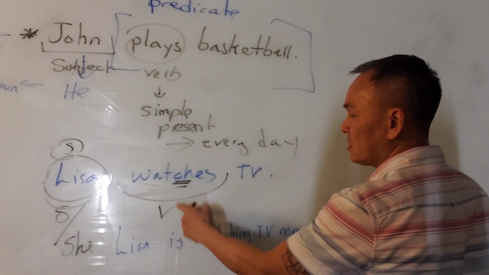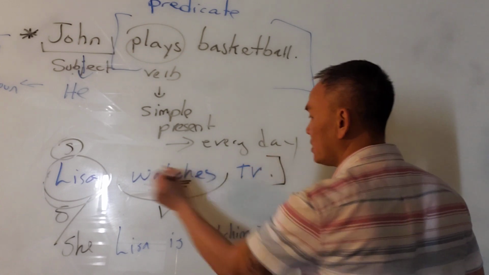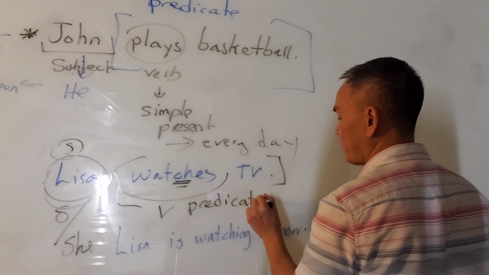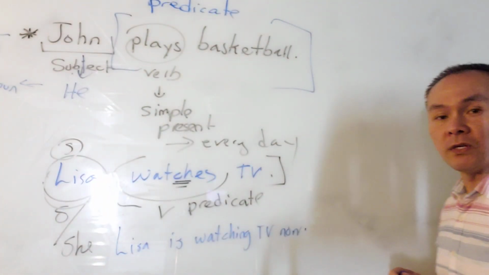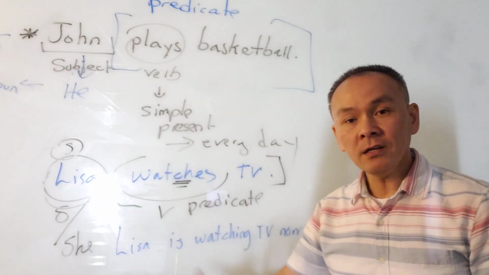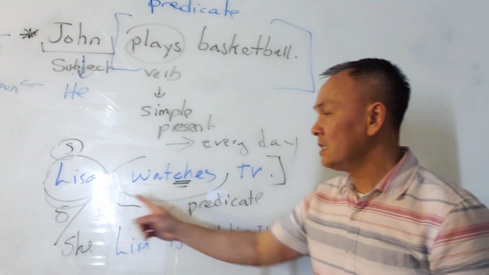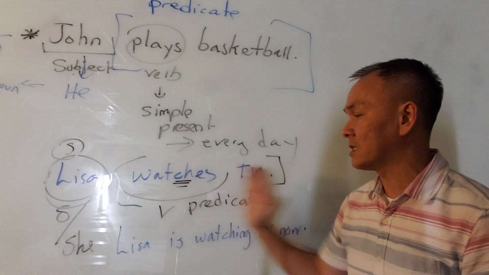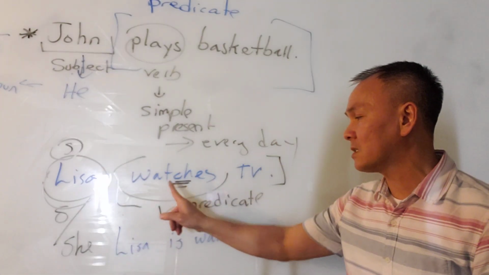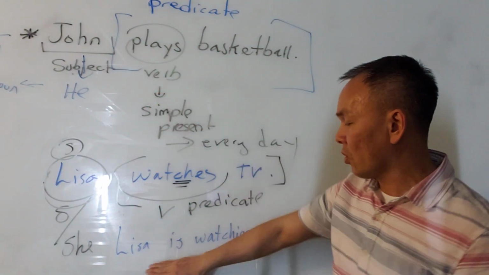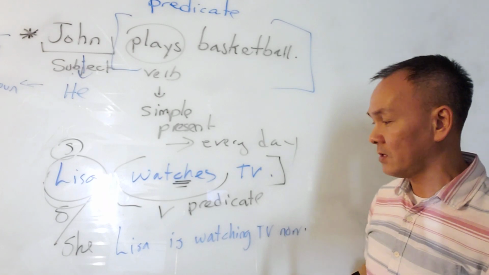What is she doing? She watches TV. So watches TV here is called the predicate. In order to have a sentence, the speaker or the writer needs to make sure you have a subject and then you have the predicate. And the predicate begins with a verb, whether it's simple present or present progressive.